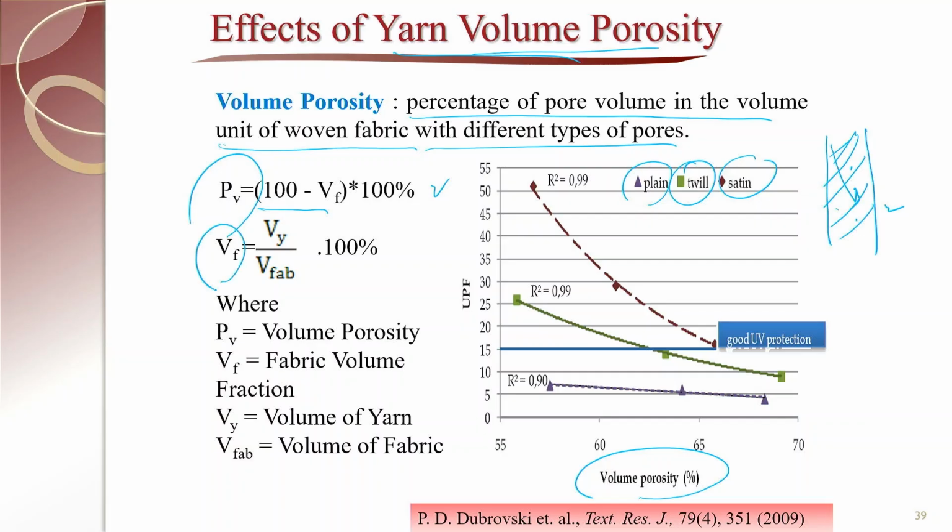Here Vf is the fabric volume fraction, PV is the volume porosity, and Vy is the volume of the yarn. So, it is the volume of yarn divided by the volume of fabric.